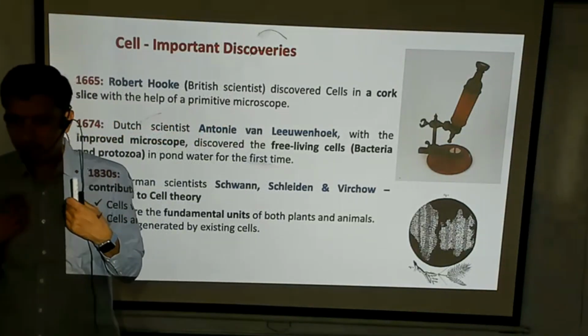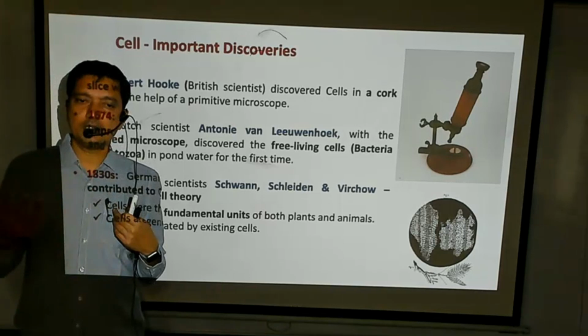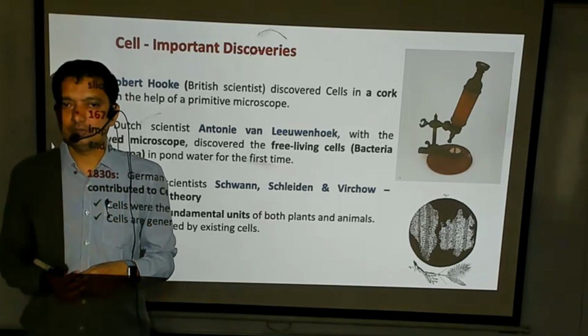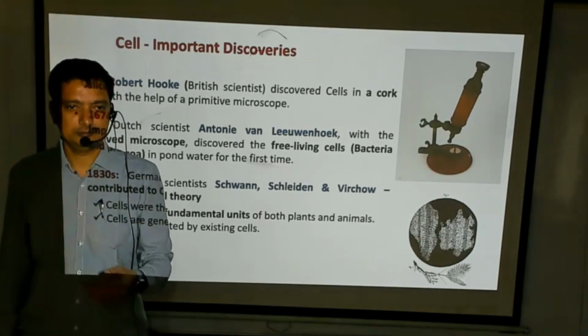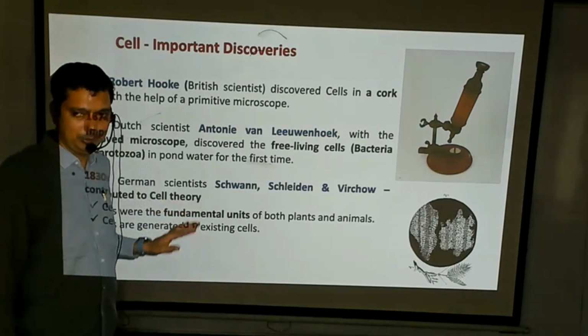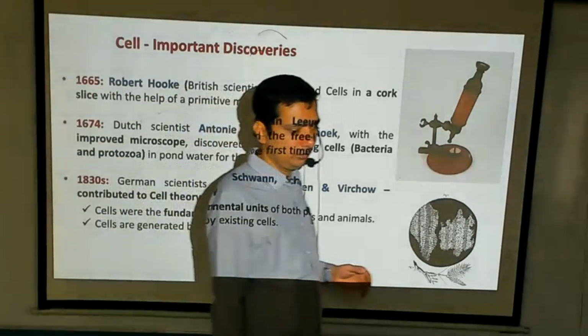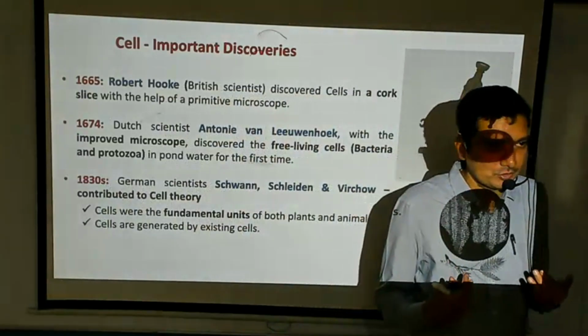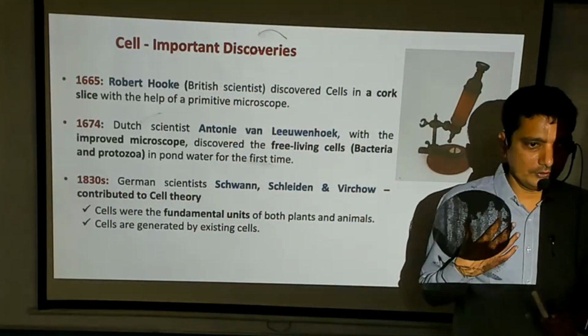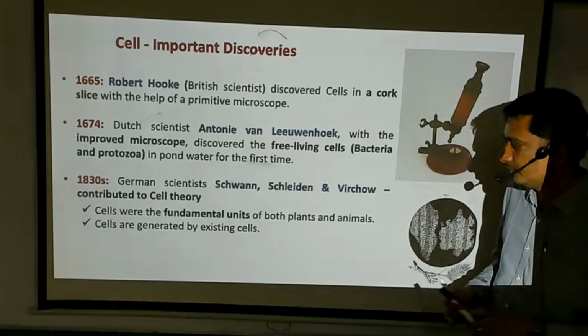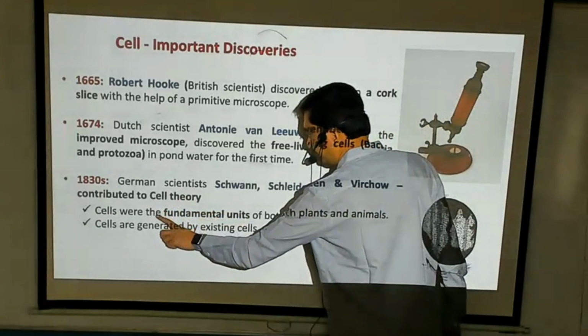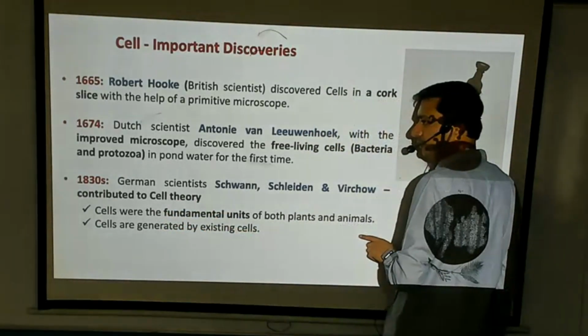So the next major thing that we need to remember is what is called cell theory. Later on, multiple scientists worked together to give rise to the idea we have today that all multicellular organisms are made up of cells. Cells are the fundamental units of life.